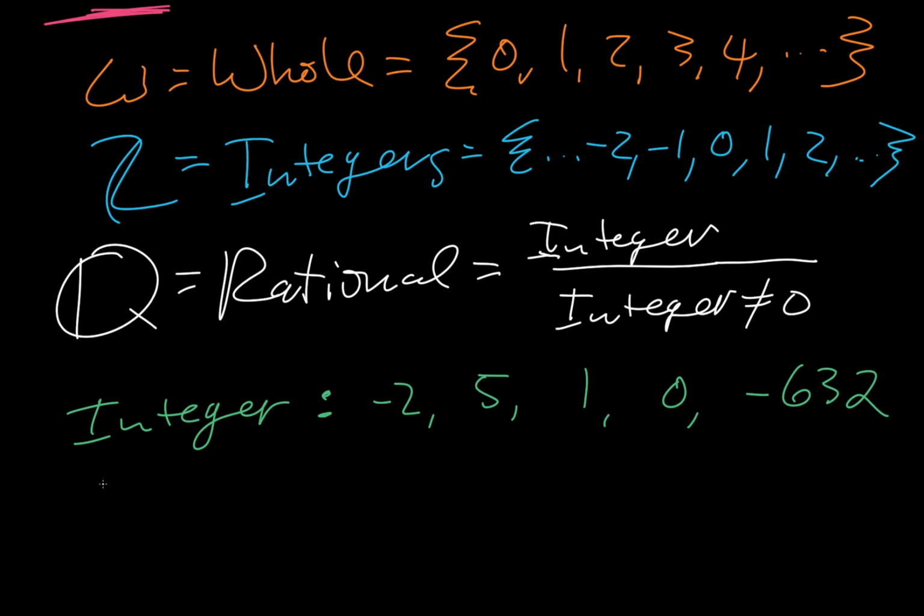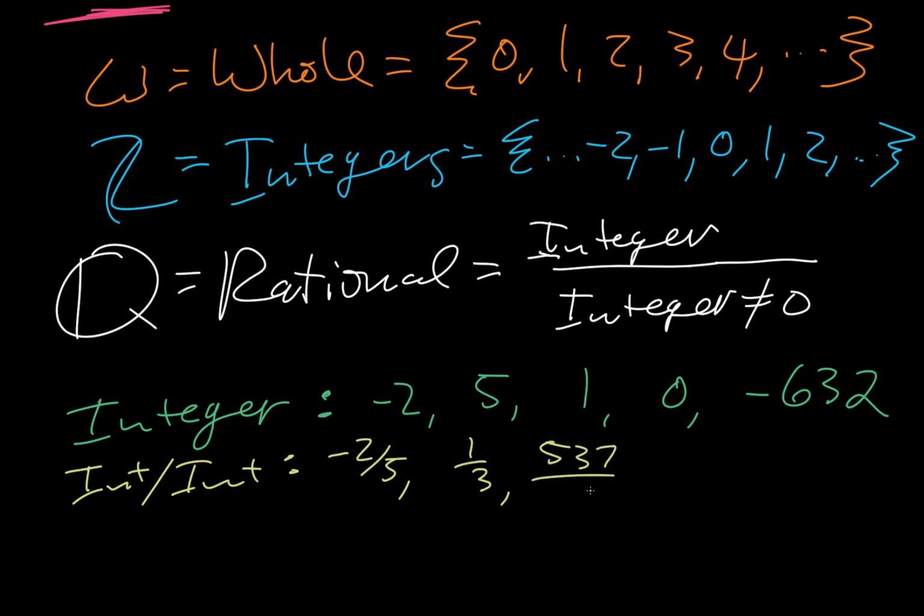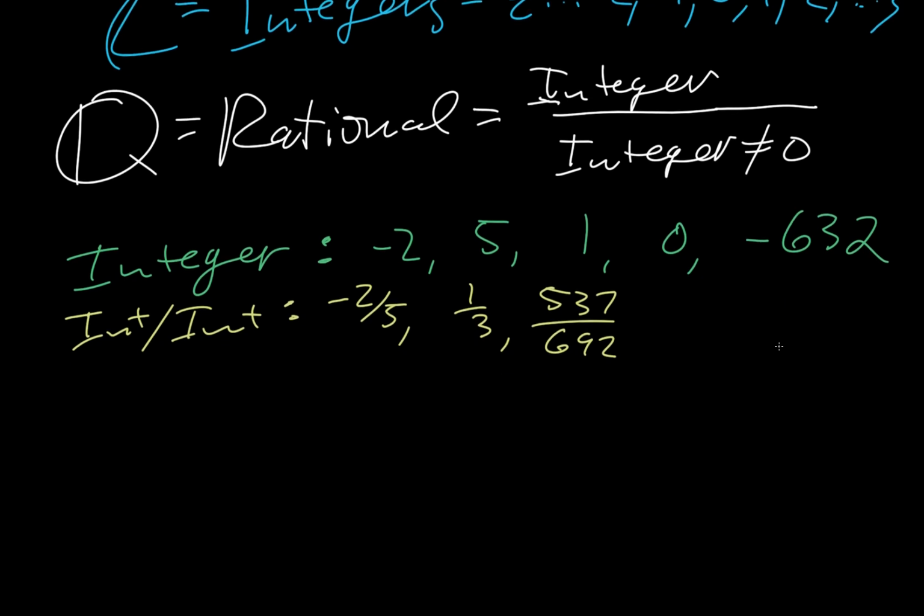Now, the other one is the actual definition. So if we have an integer over an integer, or a fraction is another way you could word that. So -2/5, 1/3, 537 over 692, etc. So once again, these are the ways to recognize rational numbers. If we see an integer, integers are rational. If we see an integer over an integer, those are also rational.